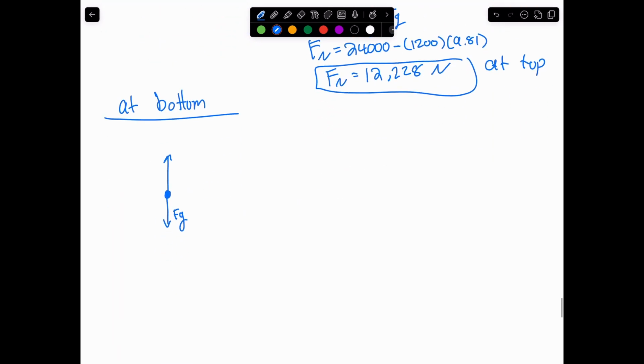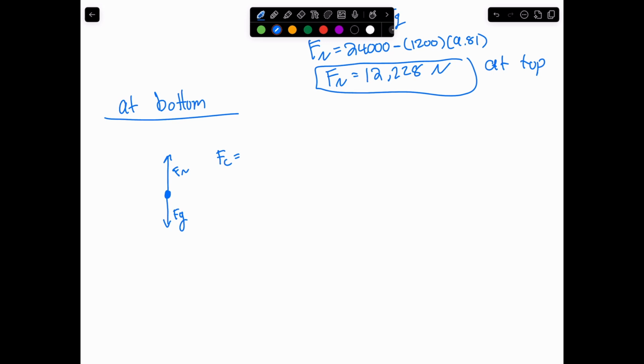So what now? Well, Fc here is going to be a little bit different. And that is because Fg is no longer pointing towards the center. It's actually pointing directly opposite. It's pointing away from the center.